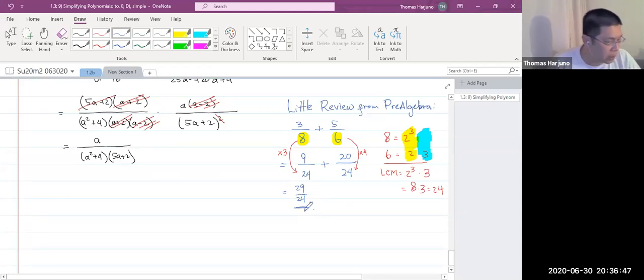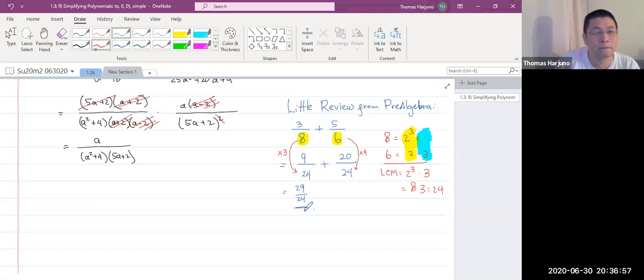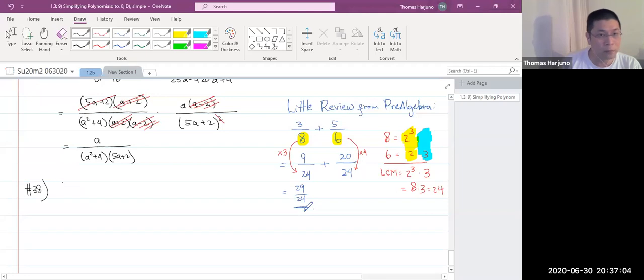Now, we will use that idea for, let's say, number 38 first, the easy one first. Number 38, 5 over x minus 2x minus 1 over x squared plus x plus 7 over x cubed.